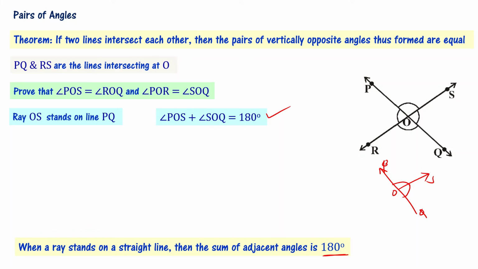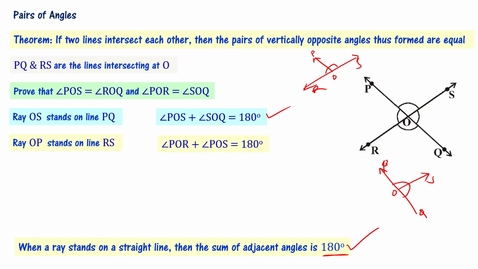Now you take another combination, that is ray OP standing on line RS. You see line RS is here and OP is standing like this. Now, as per this statement, we can say that angle POR plus angle POS is equal to 180 degrees.